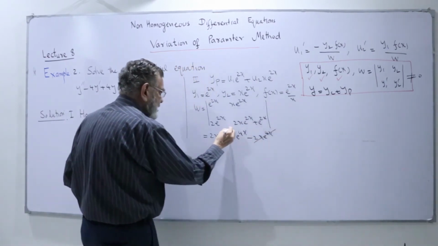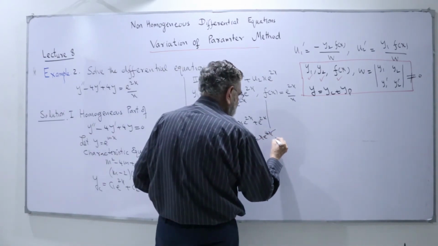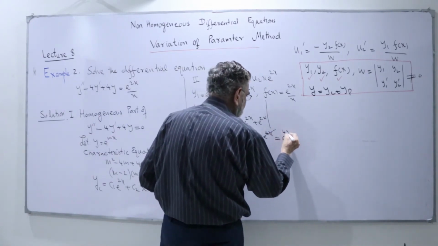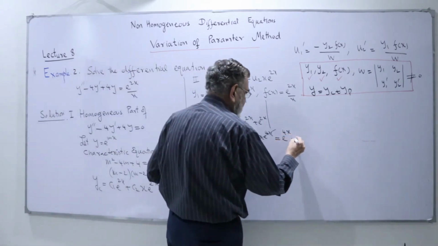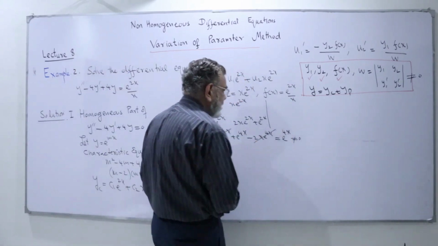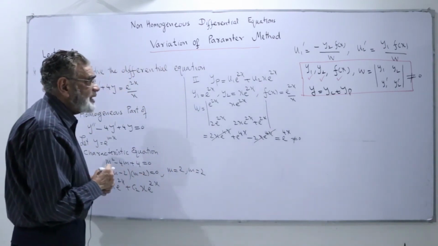So the 2x e to power 4x terms cancel, and we get the result e to power 4x. That's my w, and it must not be equal to 0. It's never 0, so we can apply Cramer's rule.